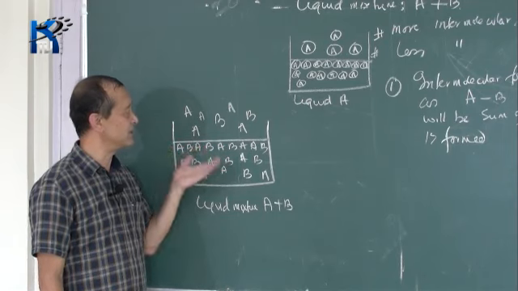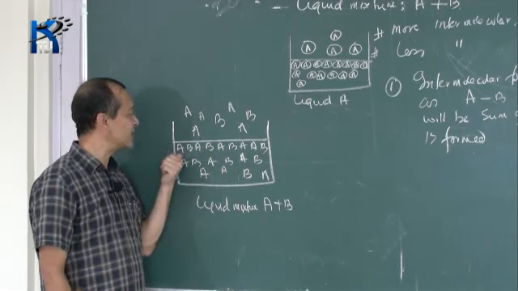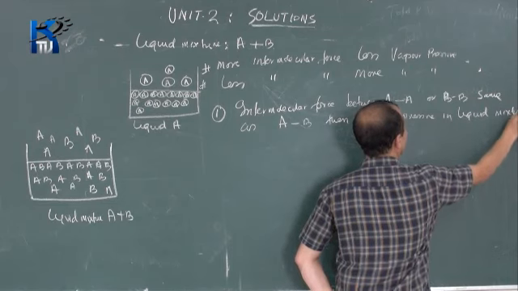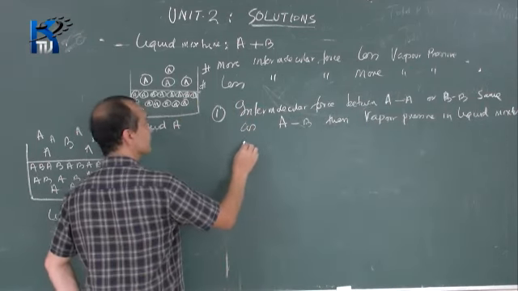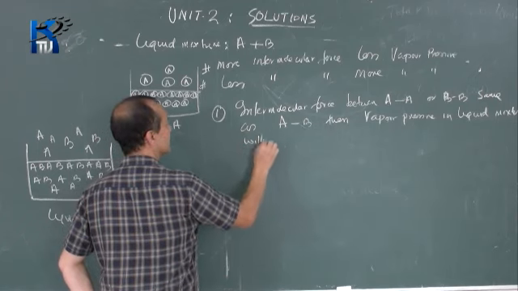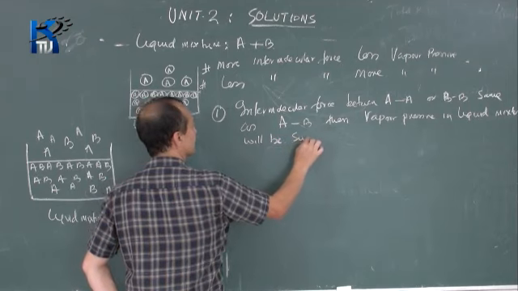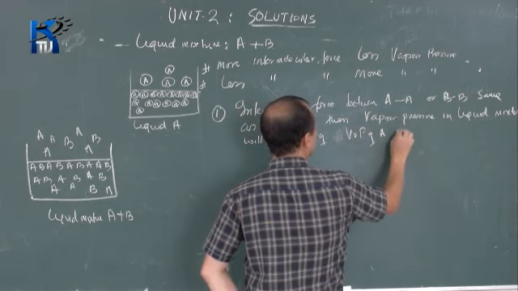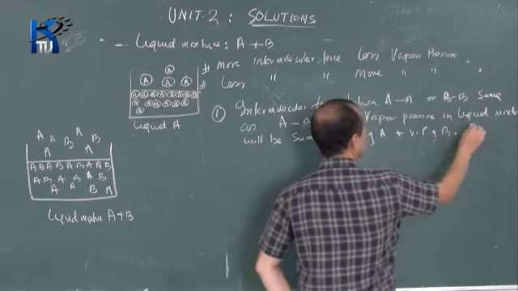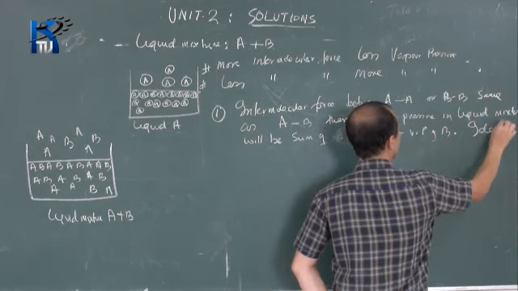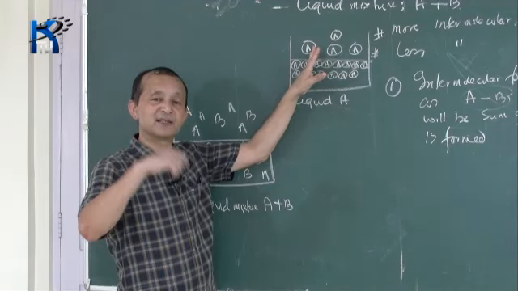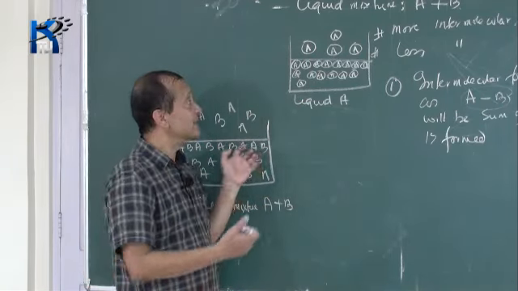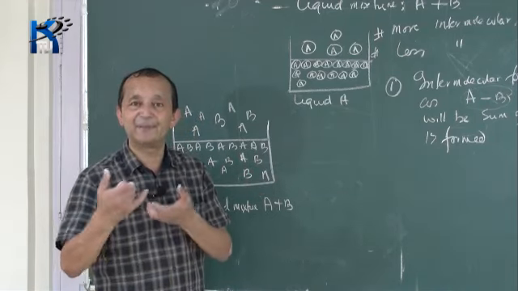Under such a situation, if the AA interaction and the BB interaction is the same as the AB interaction, in that case there is no effect of this mixture on the vapor pressure of A or the vapor pressure of B. Because whatever intermolecular force A experienced before becoming this mixture is the same as after it came into the form of a mixture.